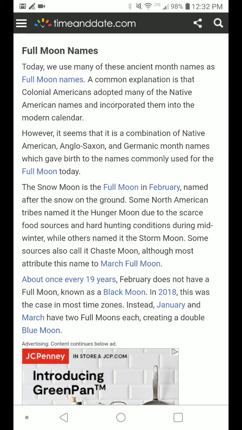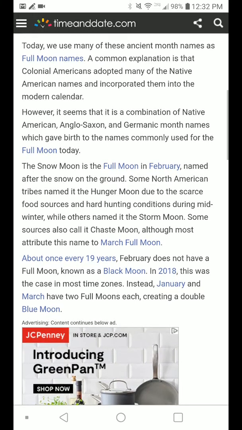Today we use many of these ancient month names as full moon names. A common explanation is that colonial Americans adopted many of the Native American names and incorporated them into the modern calendar. However, it seems that it is a combination of Native American, Anglo-Saxon, or Germanic month names which give birth to the names commonly used for the full moon today.